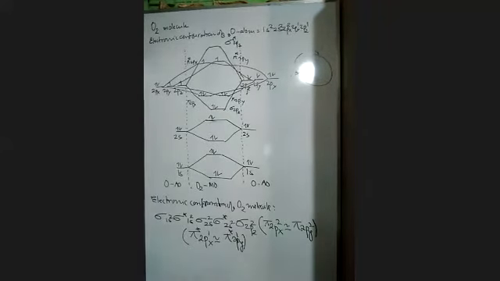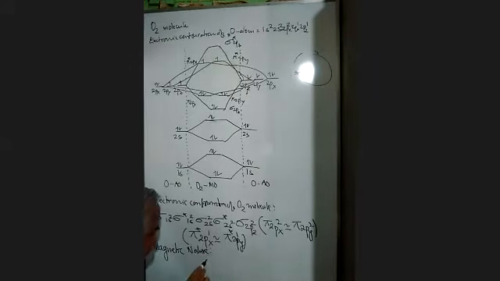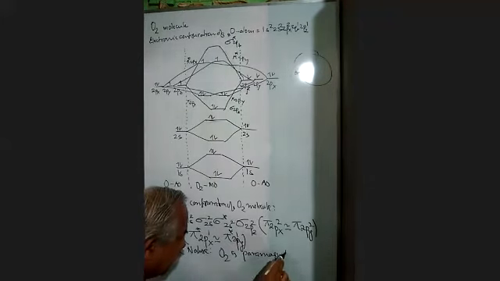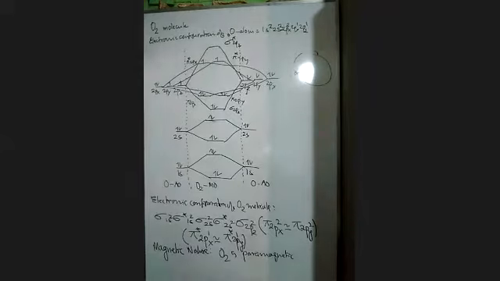oxygen molecule. What is the magnetic nature? O2 is paramagnetic. So if this question comes, in that case, you need not draw this one. You will write oxygen is paramagnetic, but why?